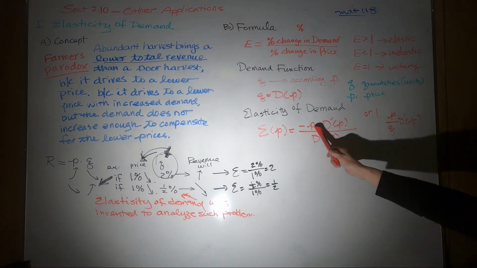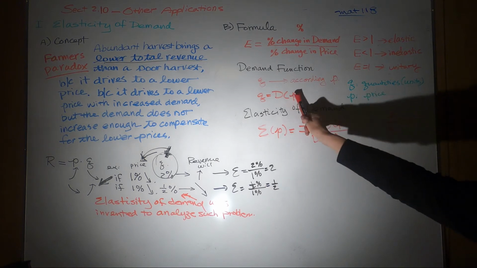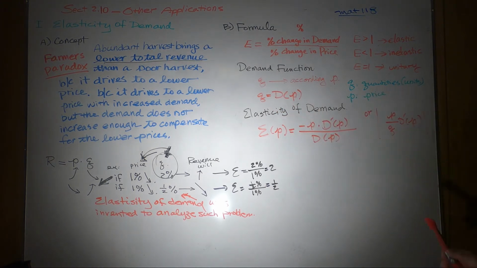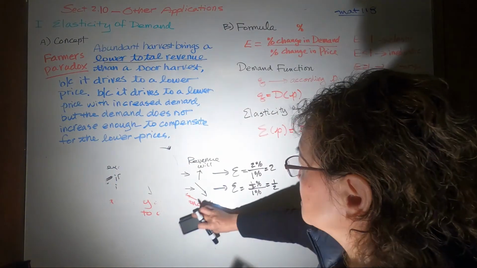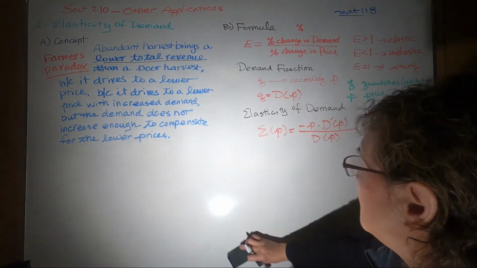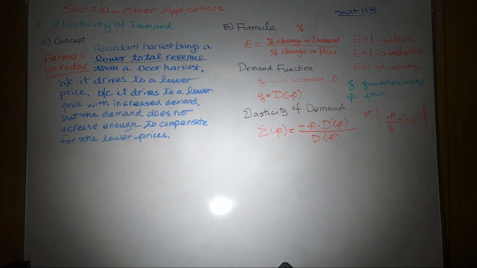Right? P is P. D prime P is what? Your quantity, right? D prime P. And we'll see why they wanted to do it this way. Okay? Let's find out. So if you have difficulty understanding how it comes about, okay, that's fine as long as you can remember these formulas.